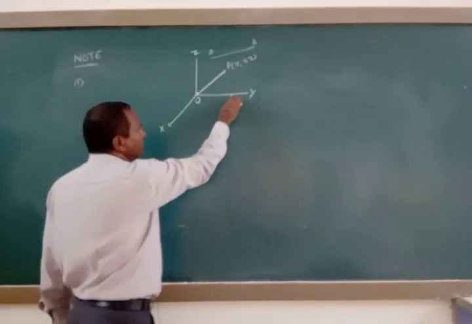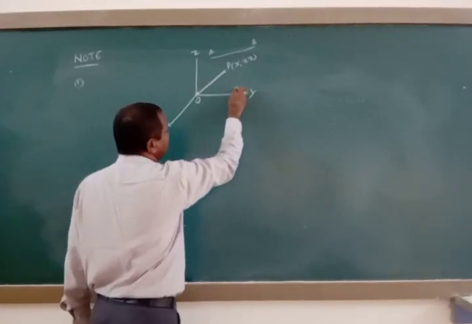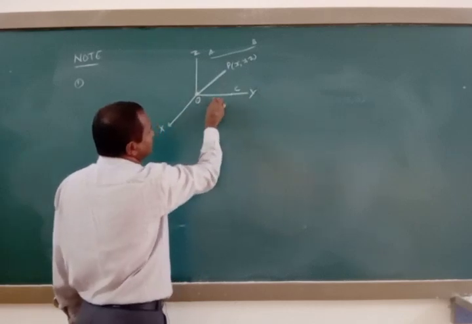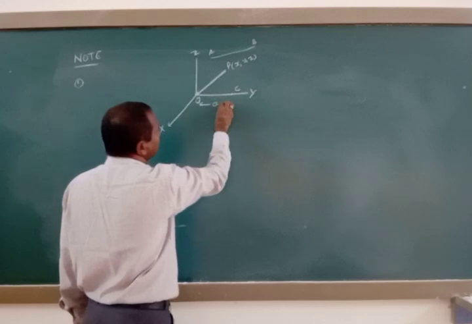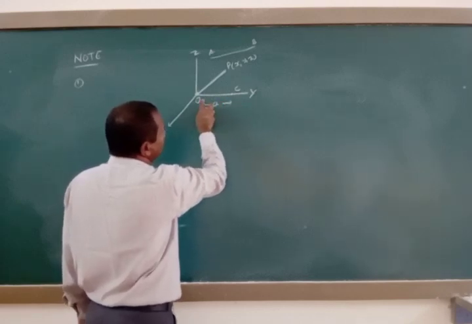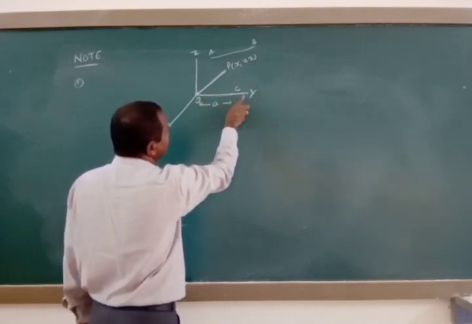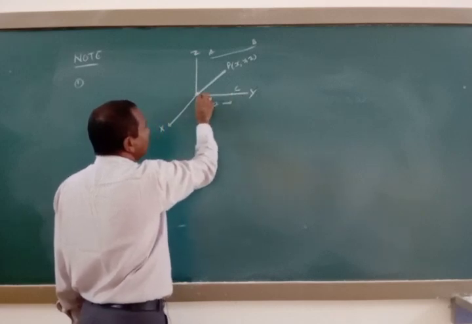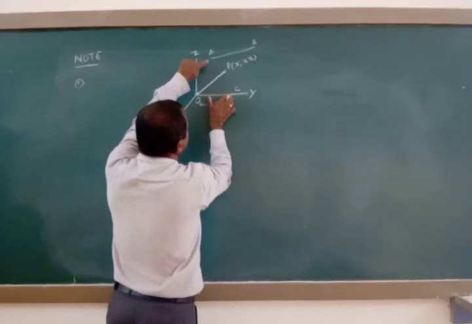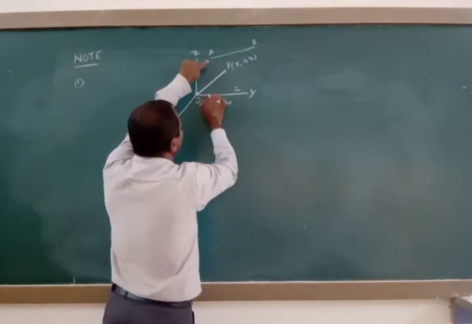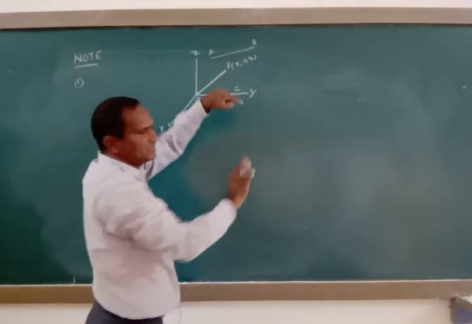For example, take one more point C. The distance from O to C, with small letter a, is the distance to a point on the x-axis, measured from the origin only. Otherwise, if you take one line parallel to AB, this distance also is measured from the origin.